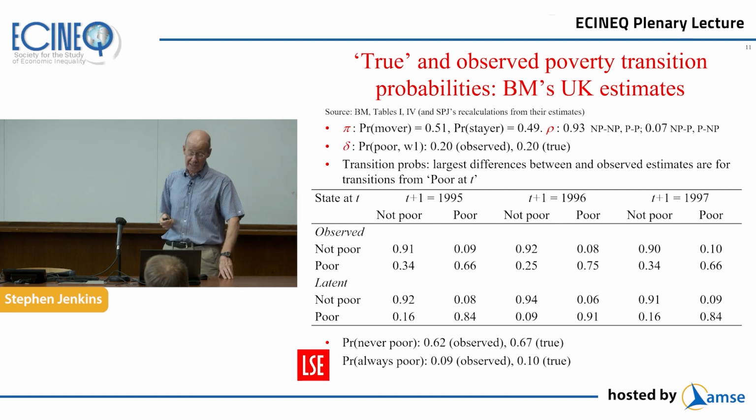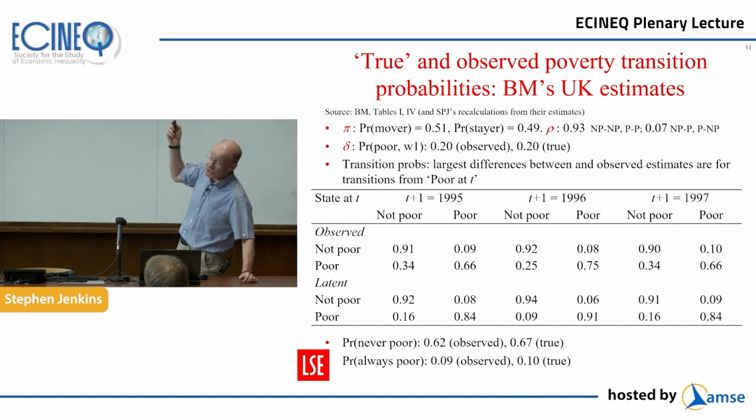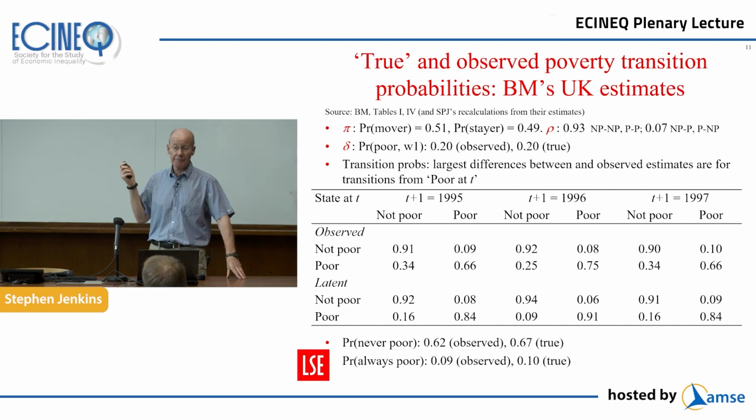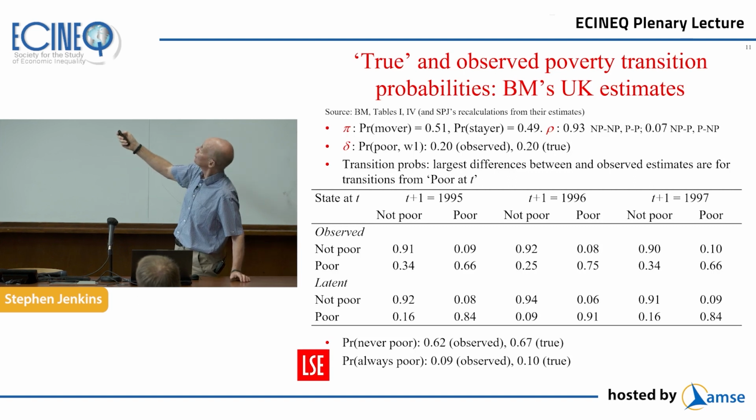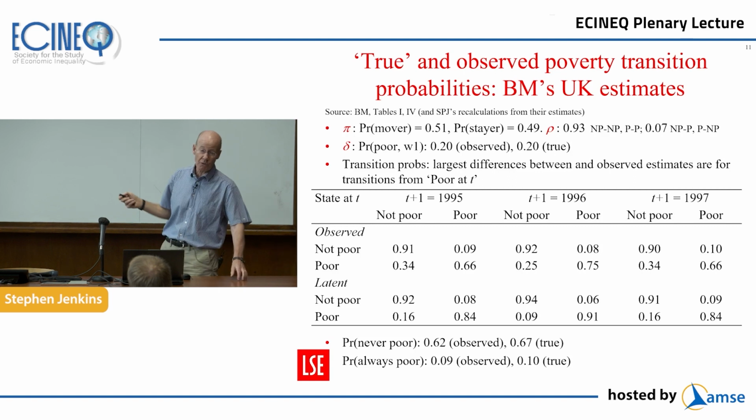Now, the key thing in terms of the assessments and underlying the sorts of comments that they were making, this is focusing on the UK, by the way, is that if you look at these rows, what you want to compare is, for example, not the observed number, 91 here with 92, and you can see that there's not much difference there, okay, for those numbers. And of course, 9 plus 91 makes 100, so we only need to look at one number.